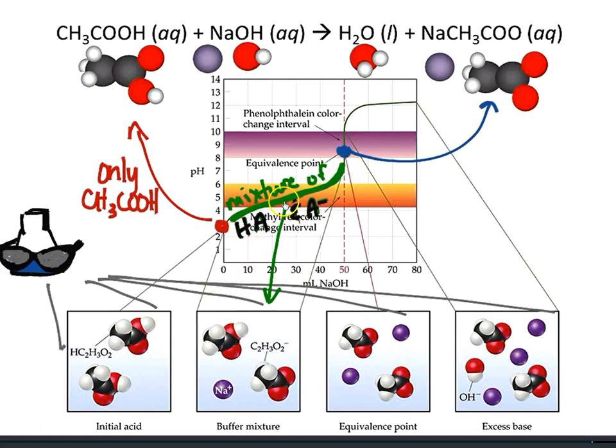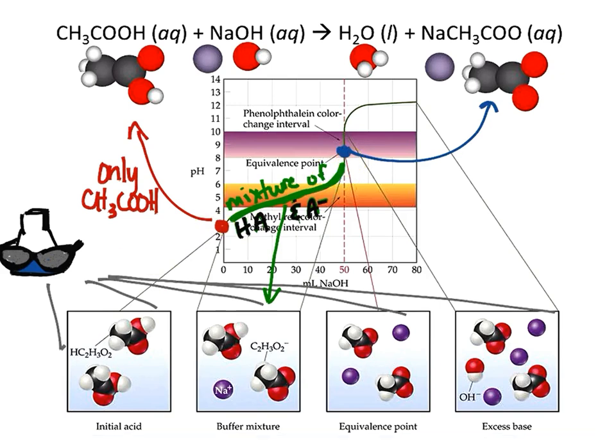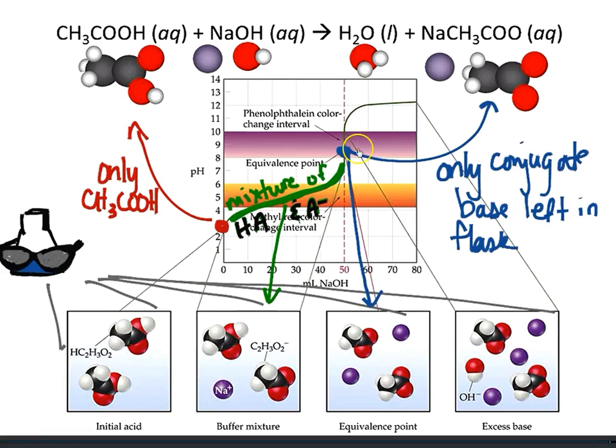We know that they will be equal in concentration at the midpoint. We know that before the midpoint, we will have excess acid, and between the midpoint and the equivalence point, we will have excess base, but they will both be present all along this green part here. Now at the equivalence point, we only have the conjugate base left in the flask.